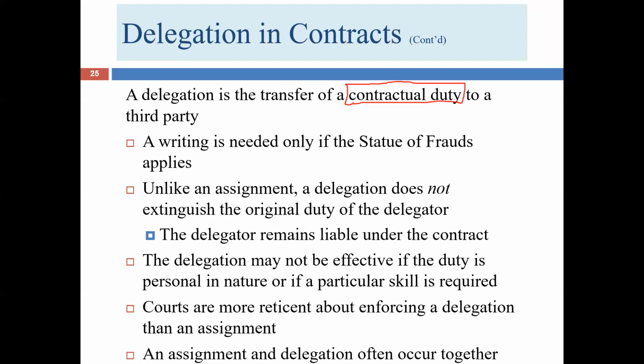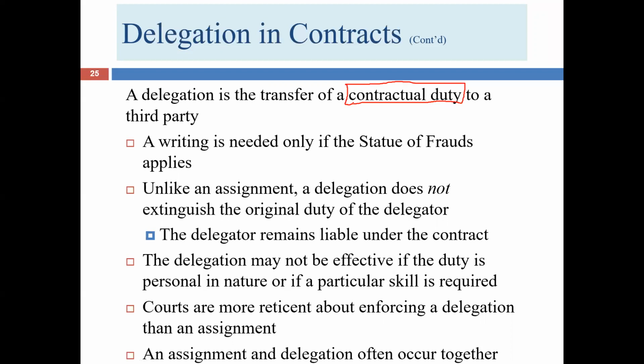So when do you need a writing when a delegation is involved? We have the same answer for delegation that we had for assignment. You only need to have it in writing if that particular type of delegation is a topic that the statute of frauds covers. So if my duty under the contract is to convey real property to you, well then under those circumstances, yes, it has to be in writing.